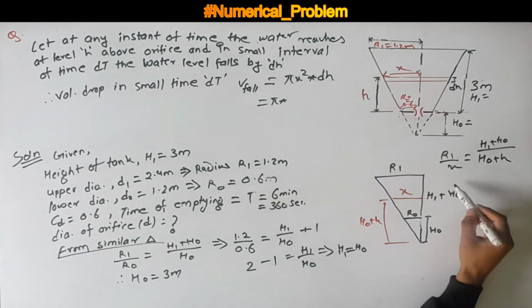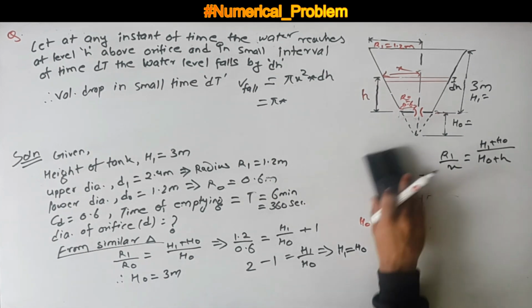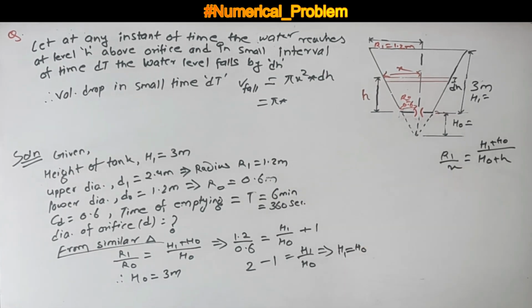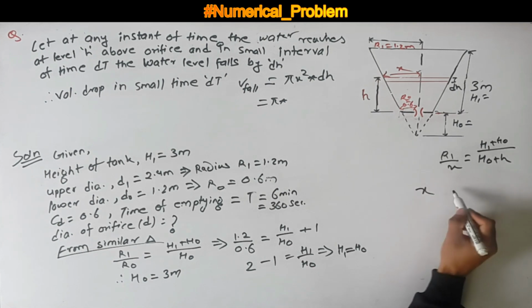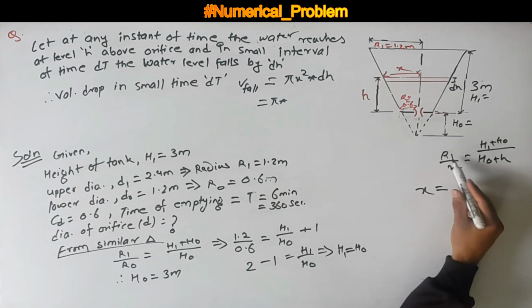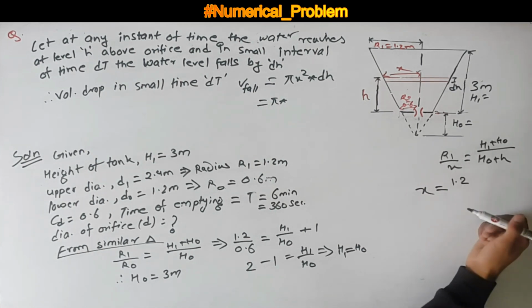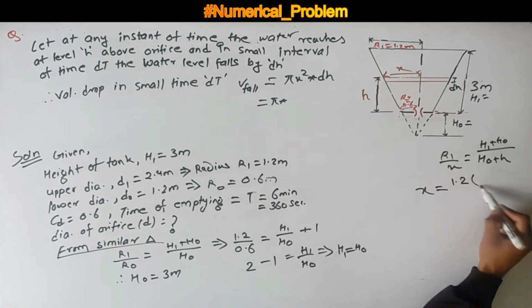Here we get the value of x. We know this value of R1. R1 is given as 1.2 meter, and this is H naught plus h.